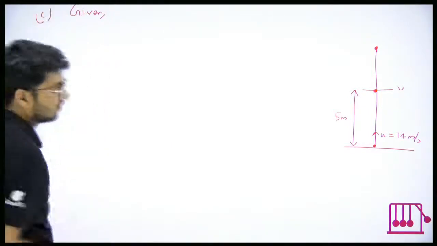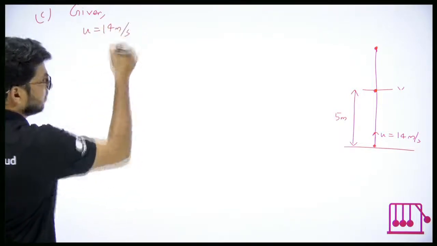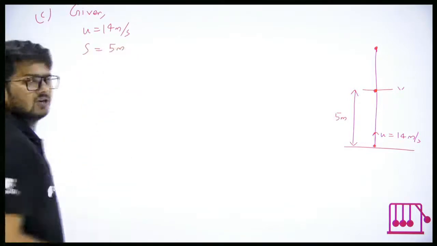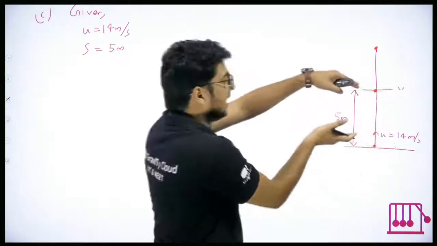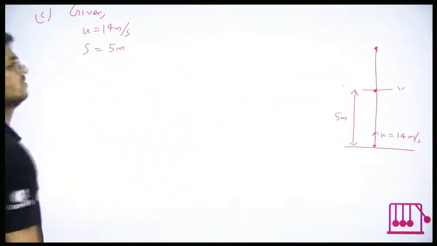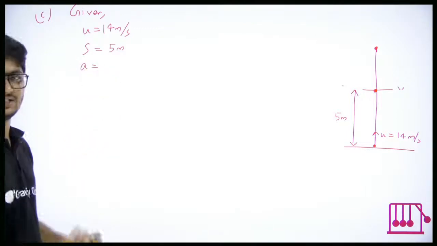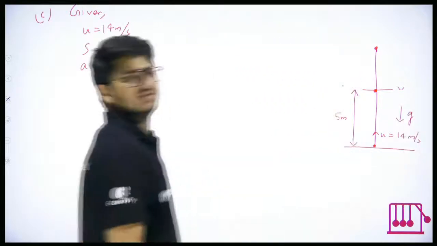So what is the information that we have in this case? Case C. Initial speed is 14 meter per second. The displacement, it is going up, it is 5 meters. Yes or no? See, from here to here, how much is the displacement? Straight line length is 5 meters. And when it goes up, speed decreases, so acceleration is negative. And as we know, acceleration is downward, so retardation, negative.